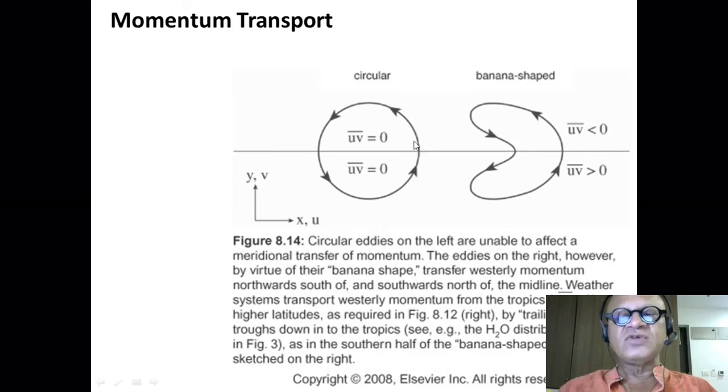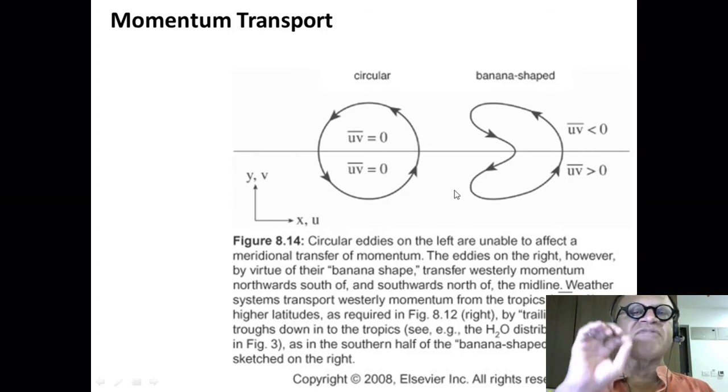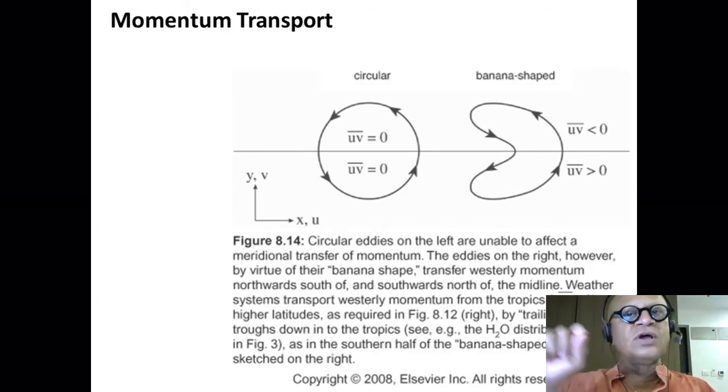V is positive, U is negative, and here V is negative, U is positive. So you will end up making no net northward transport of momentum. That's not good. We need net northward transport to create the westerlies which have to balance the torque, right? So you end up with these banana shaped eddies, which is kind of related to what we were saying before about how the warm air and the cold air have to move energy as well.